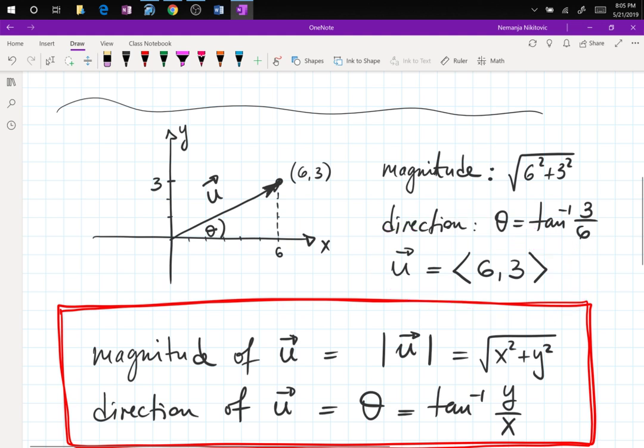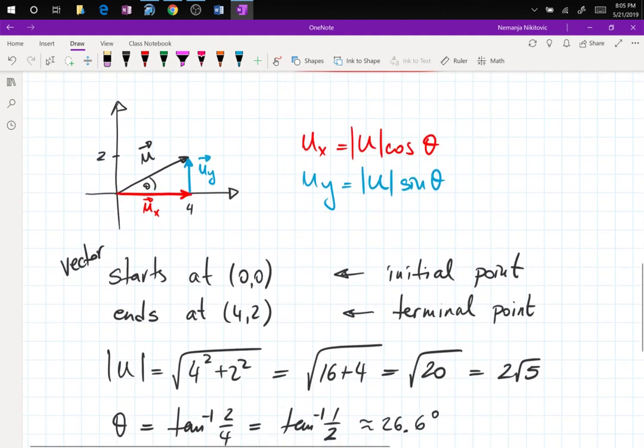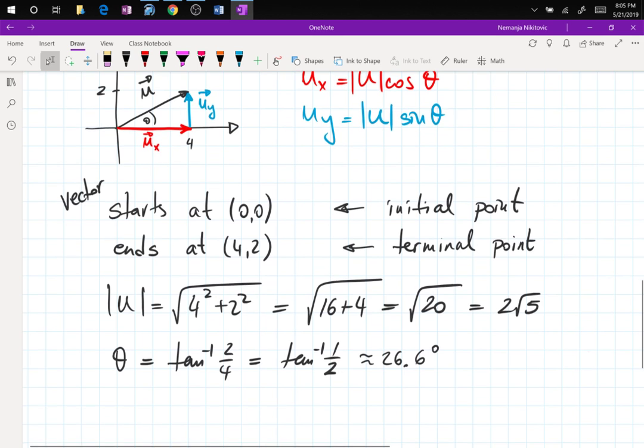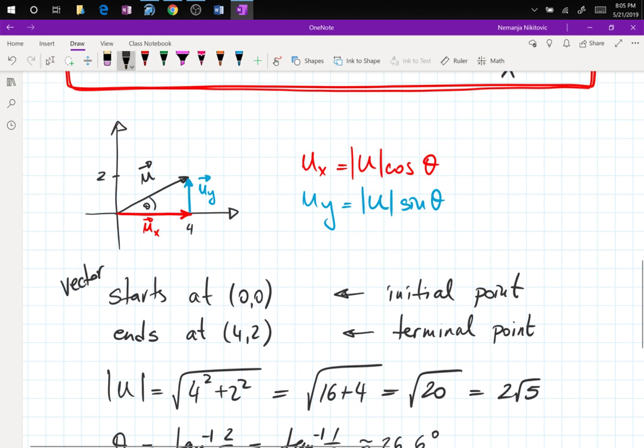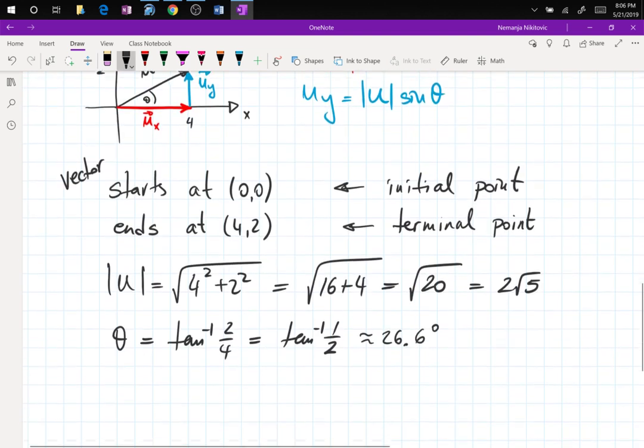So this particular vector u is 4, 2. You list it just like listing a point, 4, 2, except you use spiky brackets, so that's the vector. Great.